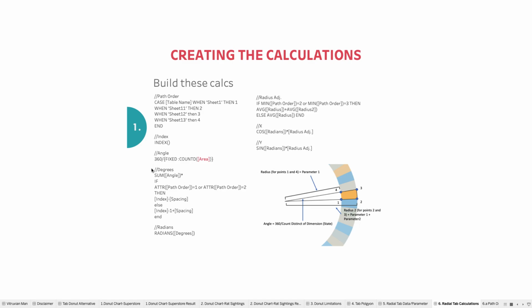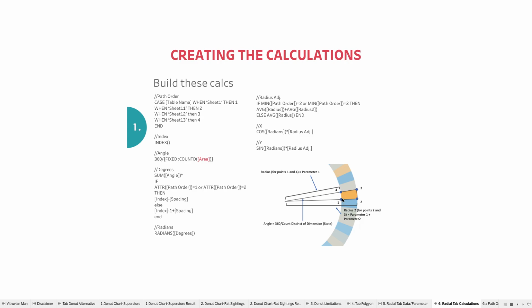And then we'll do the degrees. And the degrees is one of the trickier ones. We're going to take that angle that we just created, which is each of these around 360. So if the path is 1 or 2, then we want the angle to take its index, so its position around the circle, minus the spacing.